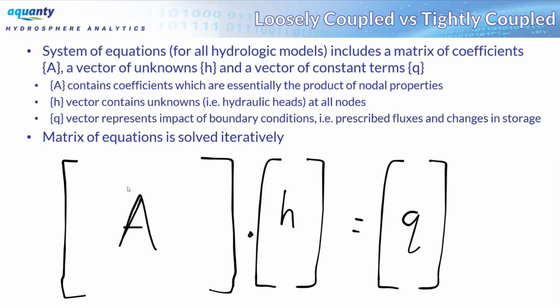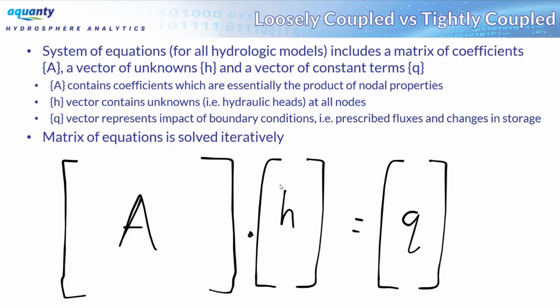On the left side of the equation, we'll have a matrix of coefficients, this A matrix, which is basically the product of all nodal properties in the model. You'll have a series of diagonal values within this matrix that represent nodal properties.